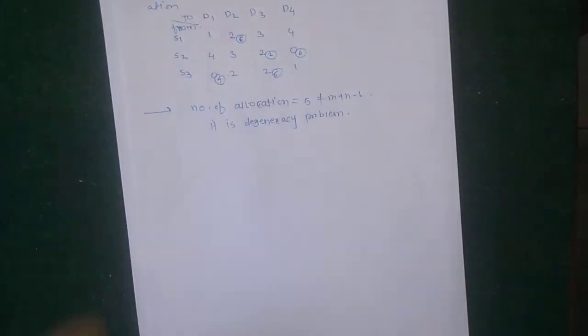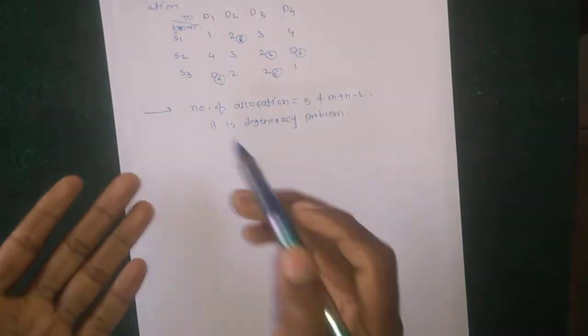Then how to find the degeneracy problem? We have to solve the degeneracy problem by introducing a very small quantity epsilon in the transportation table. Okay, so how to take epsilon, what quantity to take as epsilon in the given problem?